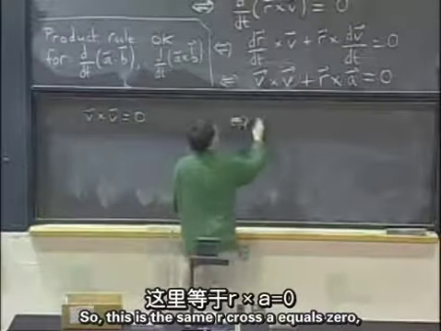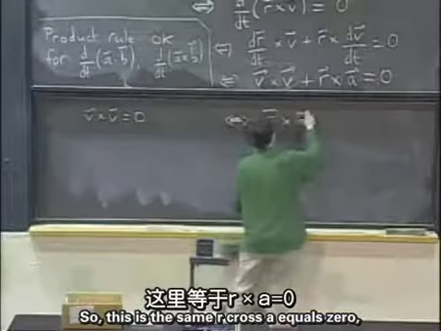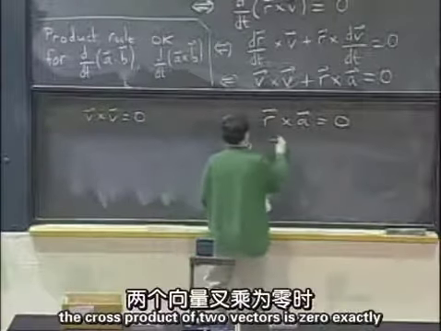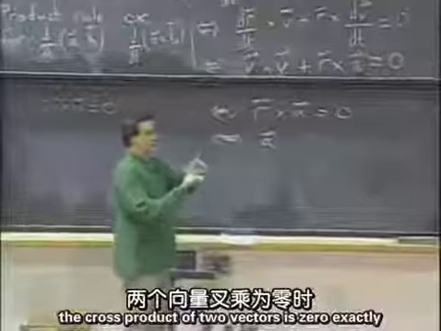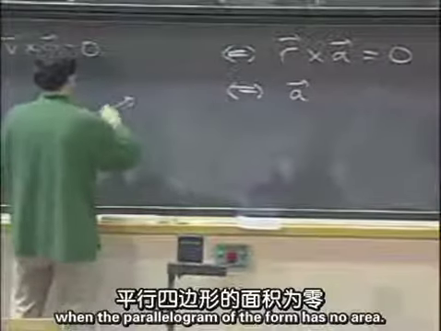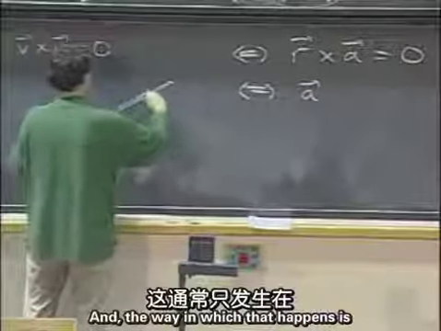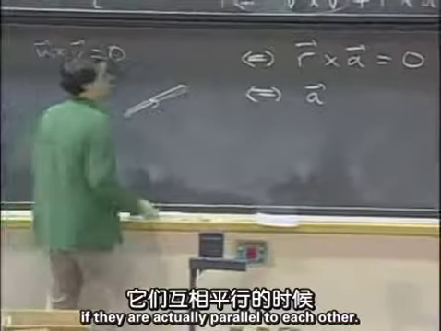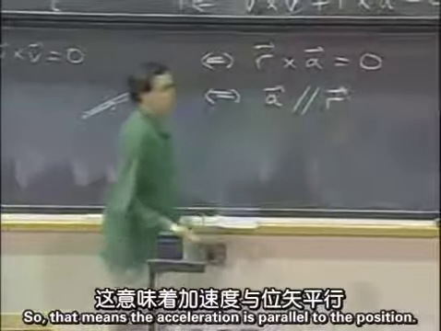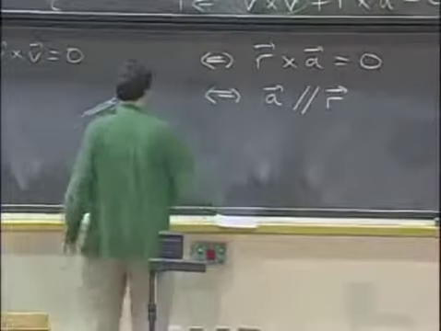So this is the same as r cross a equals 0, and that's the same as saying that the cross product of two vectors is 0 exactly when the parallelogram that they form has no area. And the way in which that happens is if they are actually parallel to each other. So that means the acceleration is parallel to the position. Okay?